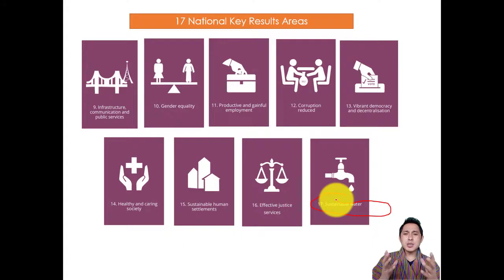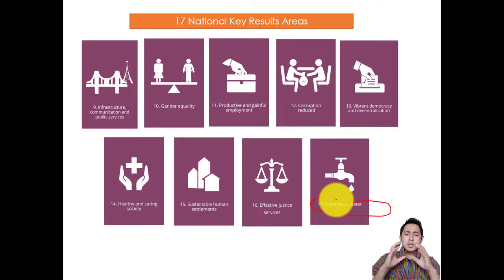So these are also policies which will not only lead our country towards achieving the 5-year plan, but also can lead to educating ourselves to know that yes, this is an important plan where sustainable water is one of the premises to achieve the plan.